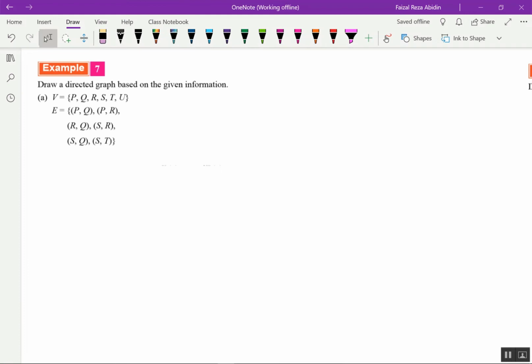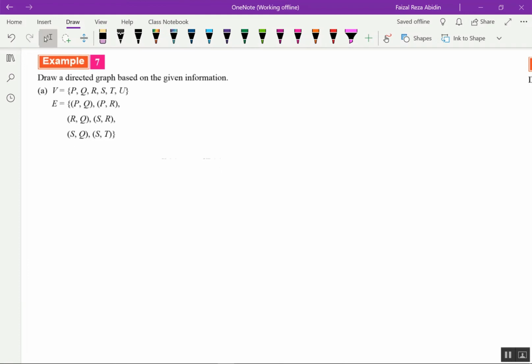Okay, now we are going to draw. Previously we also drew the graph, but a simple graph. This one is different because we have directed, we have a direction. So first of all, what you must know, how many vertices involved? There are 2, 4, 6.